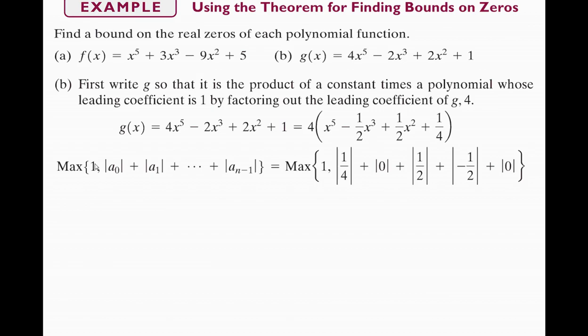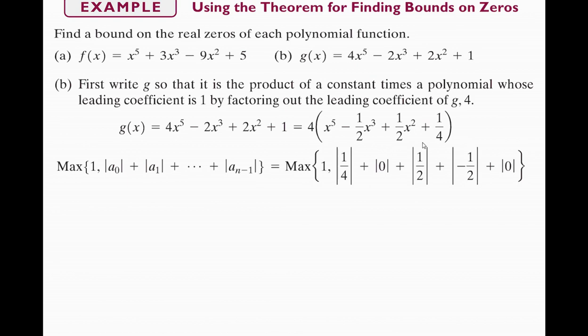My choices are either 1 or the sum of the coefficients. So 1 or 1/4 plus 0 for that x to the 4th term, plus 1/2 plus negative 1/2 plus 0 plus, they listed these backwards.